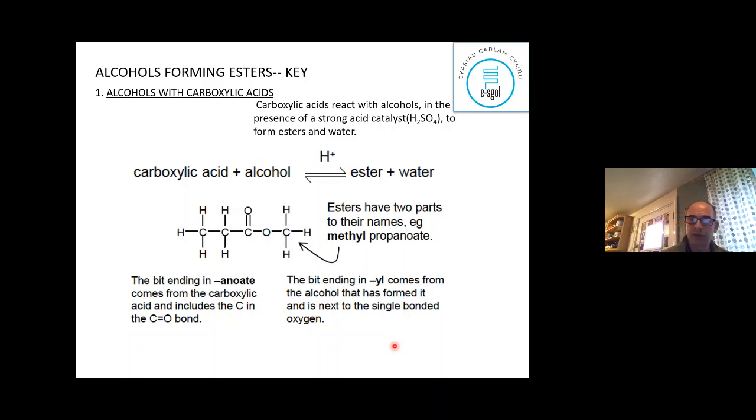Esters have two parts in their names, e.g. methyl propionate, ethyl ethanoate. The bit ending in the -oate comes from the carboxylic acid. The bit ending in the -yl comes from the alcohol that has formed it and is next to the single bonded oxygen.